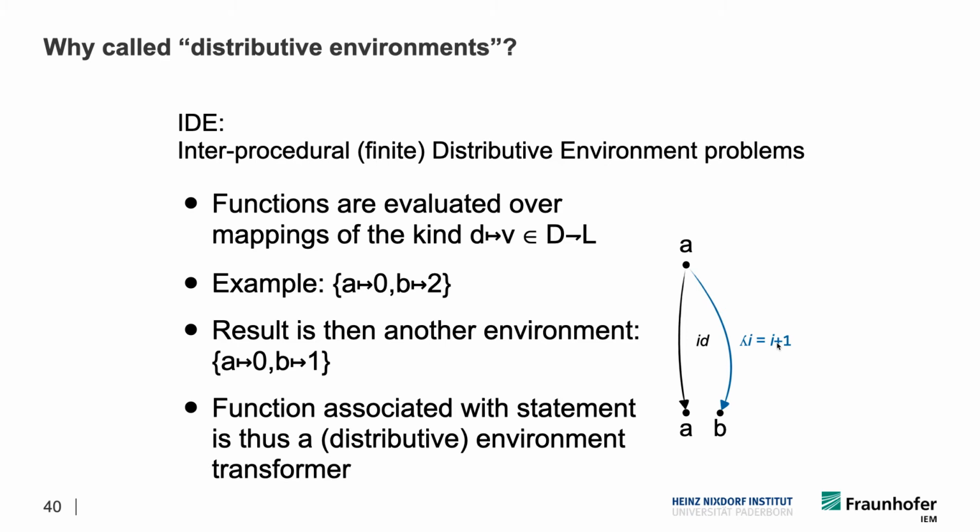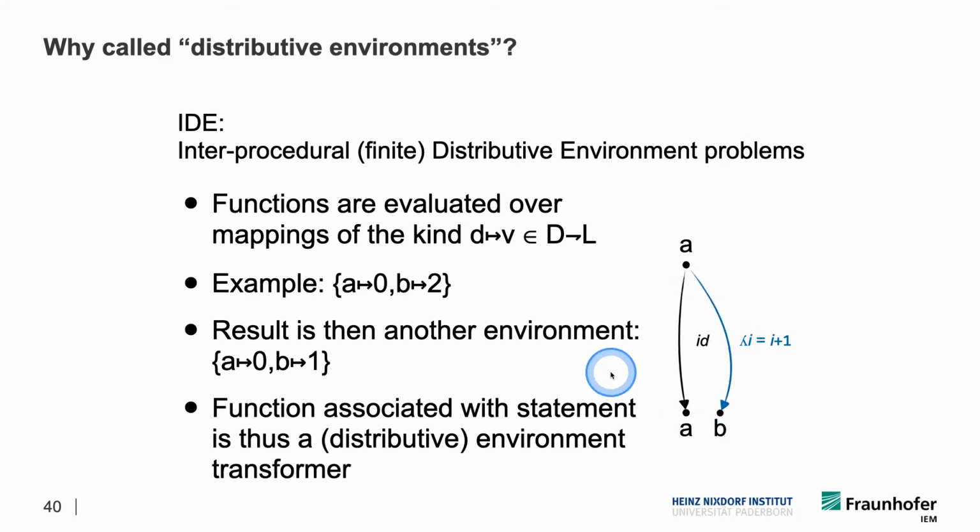But you can see the environments if you think about how analysis information is really transformed from one statement to the next. So if you see this entire construct here as a function that transforms data flow information that you have before the statement into data flow information that you have after the statement, then this whole thing can be described as an environment transformer.